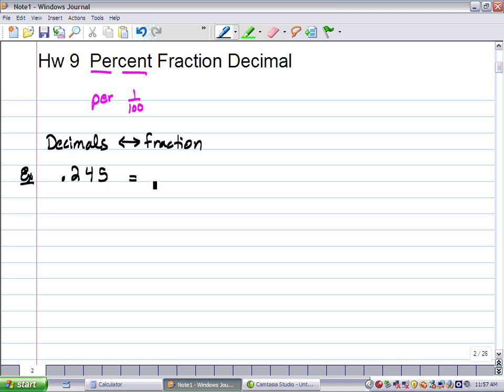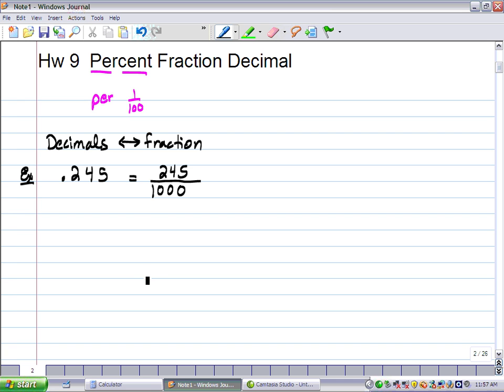So that tells me how to rewrite it as a fraction. The last digit is in the thousandths place, so I'm saying that that is over 1,000. So 0.245 is 245 thousandths.